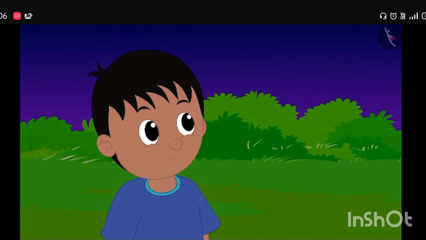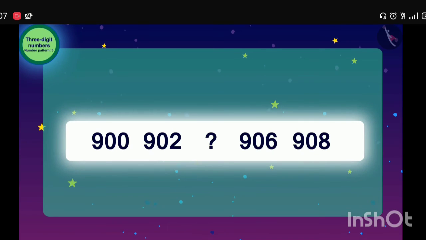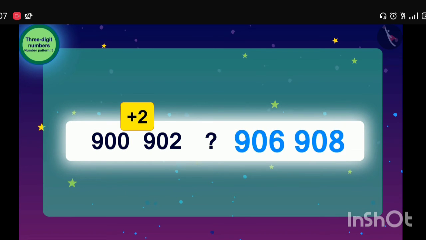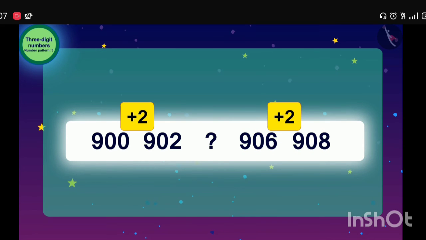Let's help Raju. We will first find the number pattern. To get to 902, we have to add 2 to 900. And if we look carefully at the last 2 numbers, we will find that to go from 906 to 908, we have to add 2.